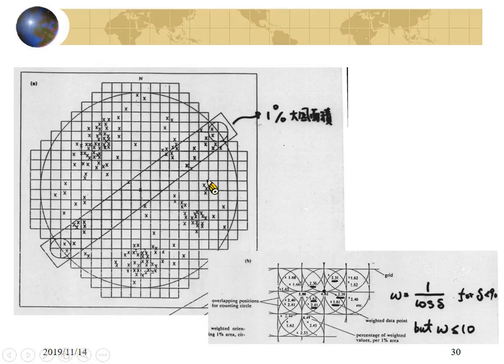The idea is we use a moving window to calculate how many poles fall into this window, and you will have the numbers. If you have a total number, then you will have the density. So you can write down the numbers on each window.